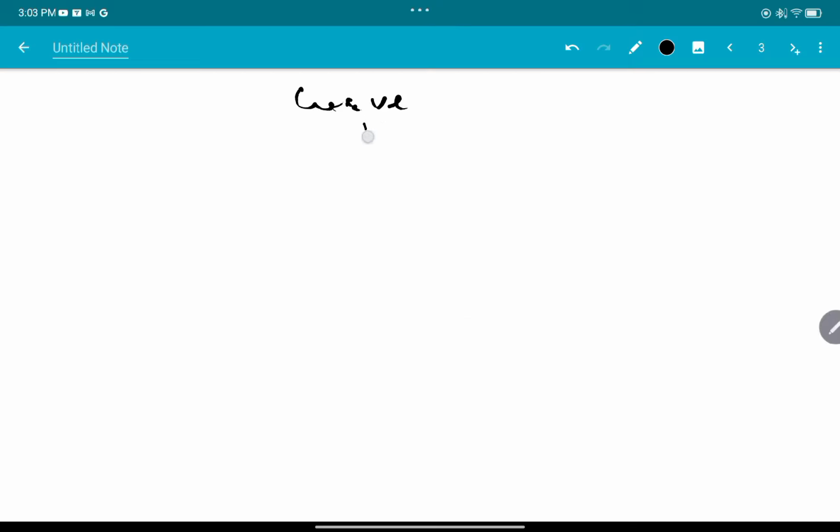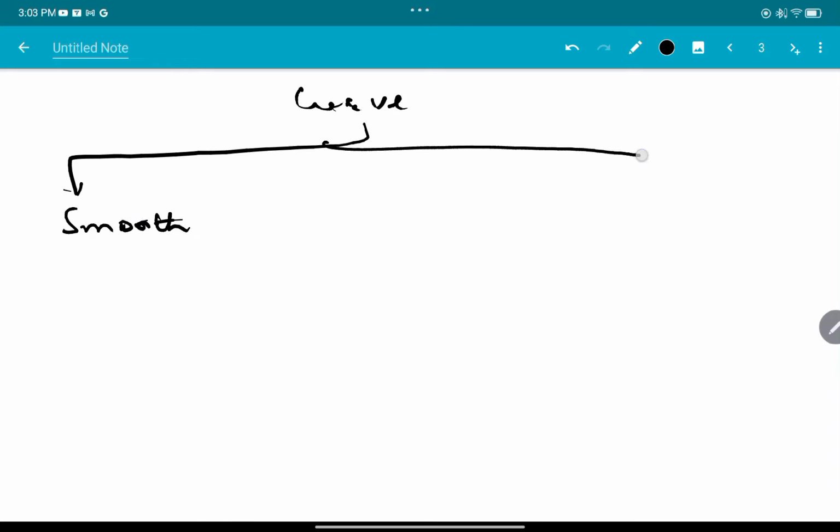It may be smooth, that means continuous at every point, or it may be the opposite, non-smooth, a curve which is not continuous at every point. If a curve is smooth, well and good.